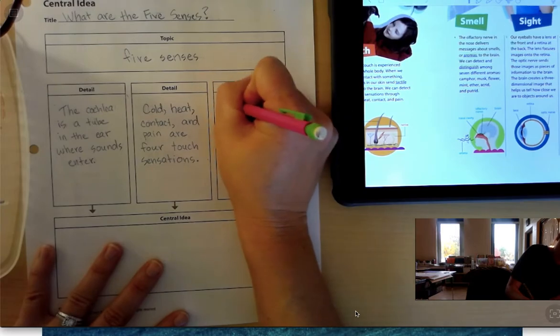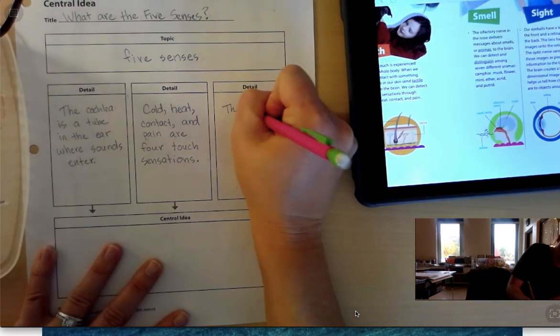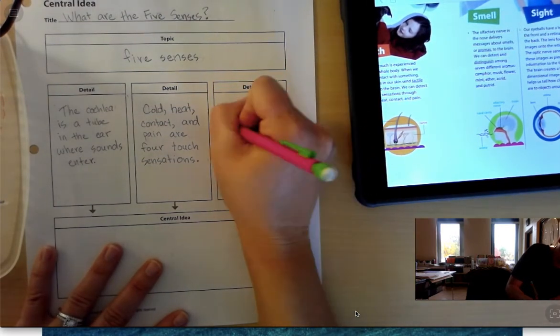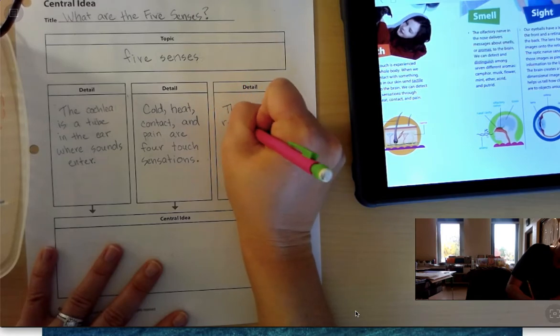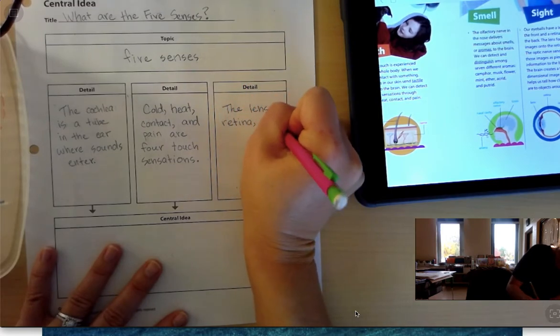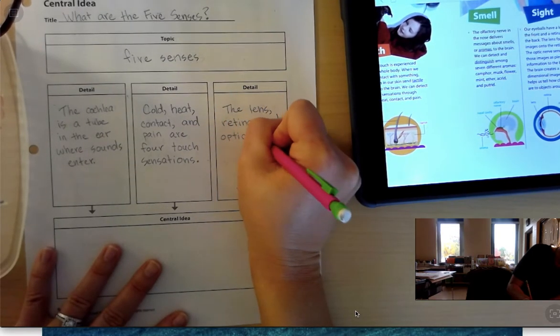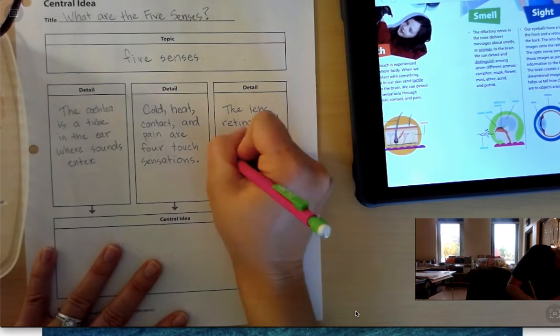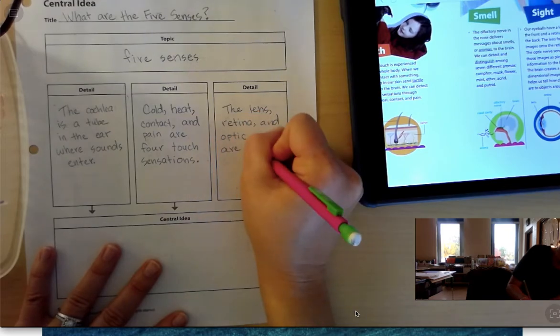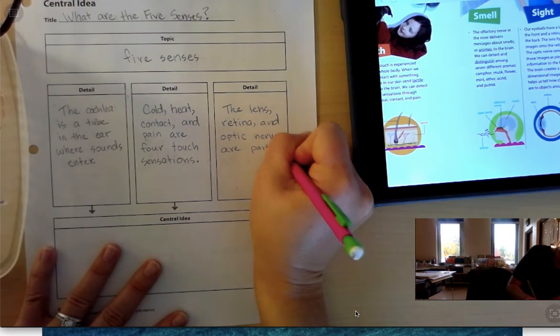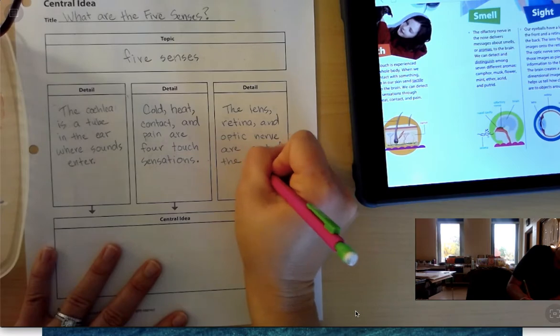The lens, retina, and optic nerve are part of the eye, period.